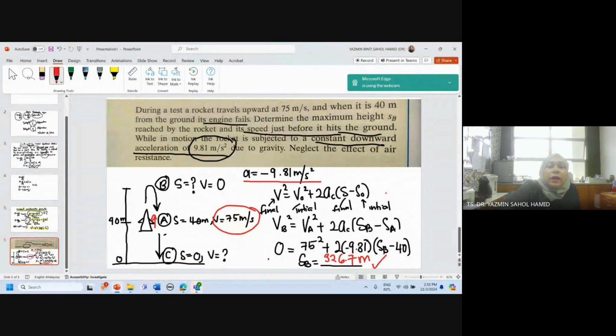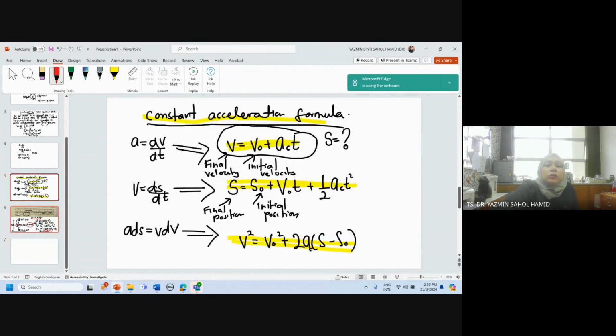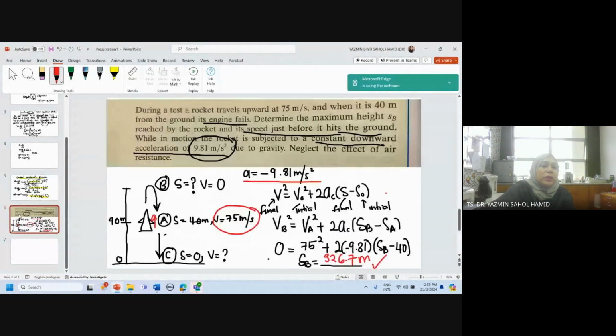So now you can calculate the speed just before it hits the ground. Can you please do that also? For the speed just before it hits the ground, which formula do you want to choose? Based on the variables given, I need you to find that. Okay, I will give you the answer and I want you to try to find it yourself.